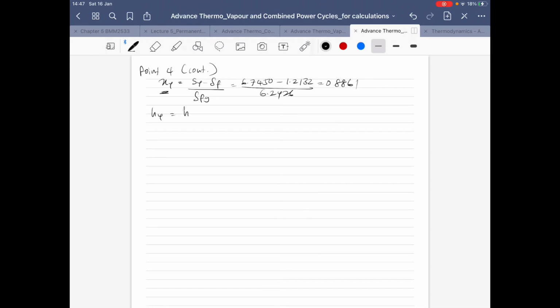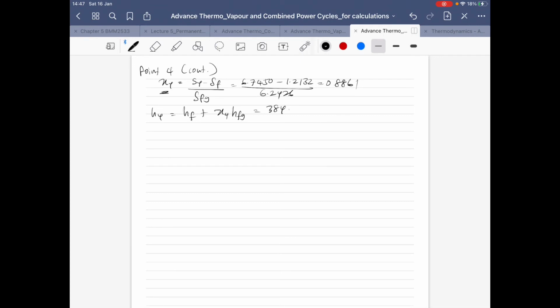Enthalpy at point 4 is equal to enthalpy fluid plus fraction 4 times enthalpy of fluid gas, sebab dia mixture kan, dia mixture. So we already know that the enthalpy for fluid pada temperature tersebut adalah 384.44. 384 ni sama dengan apa? Sama dengan masa point 1.